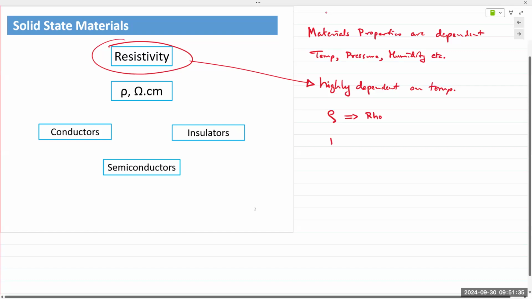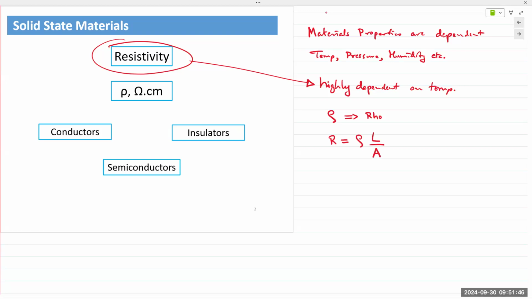And the equation for resistance, hopefully again you remember this, is rho L over A. Resistance is not a material property, right? We create resistance using resistivity.